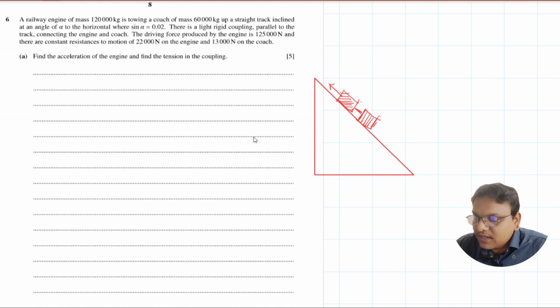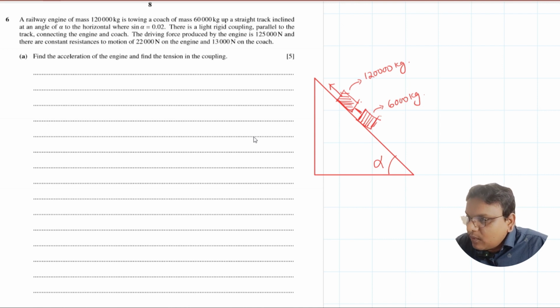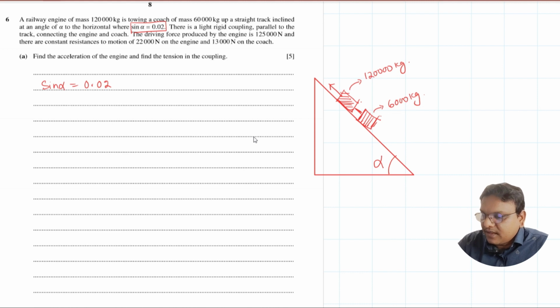Now as per the question, the mass of this engine is given as 120,000 kg, and the mass of this coach is given as 60,000 kg. The angle of this inclined plane as per the question is alpha, right? And one more piece of data is given: sine alpha is equal to 0.02. Yes. Here is a tricky question.